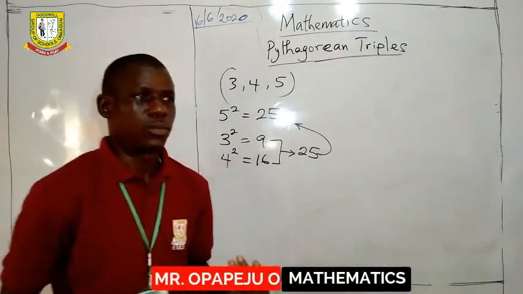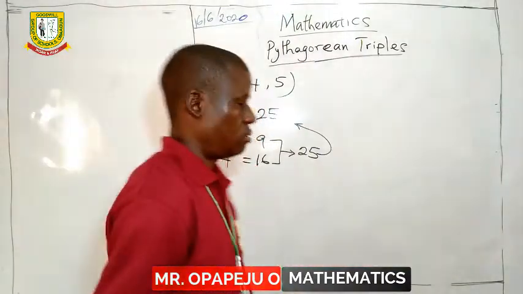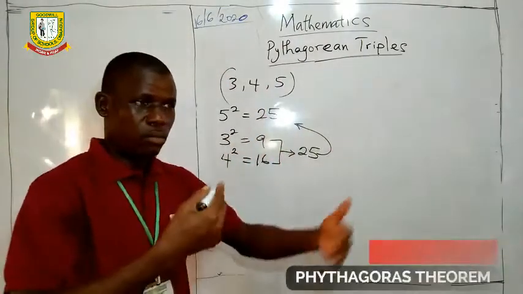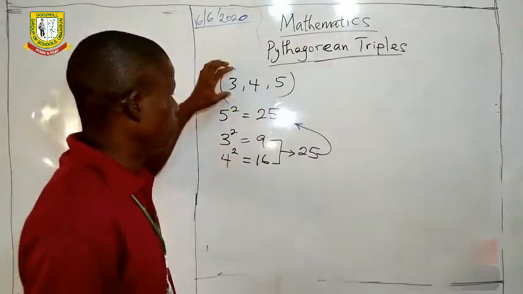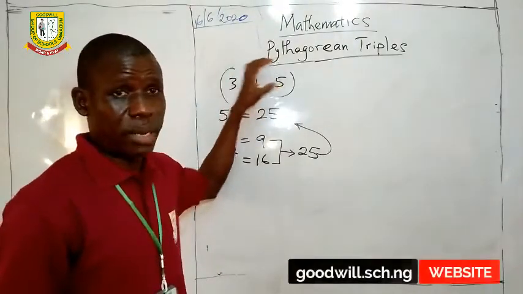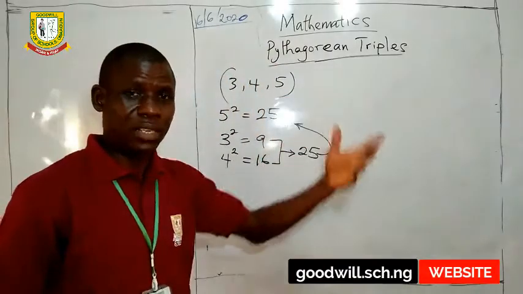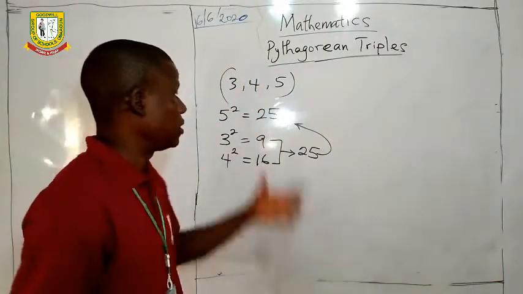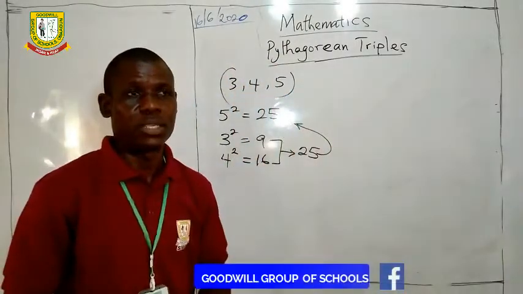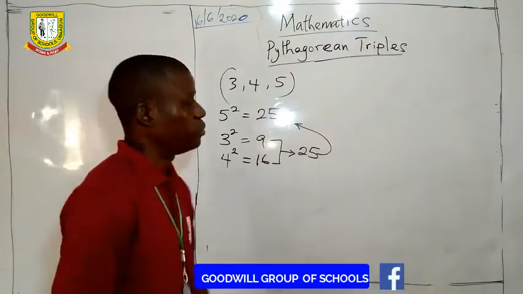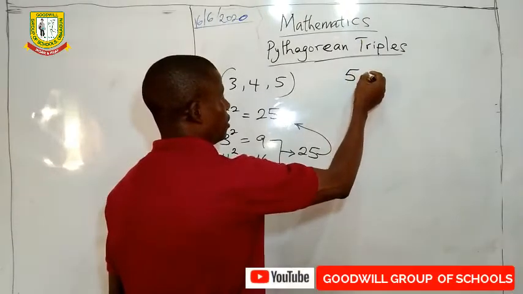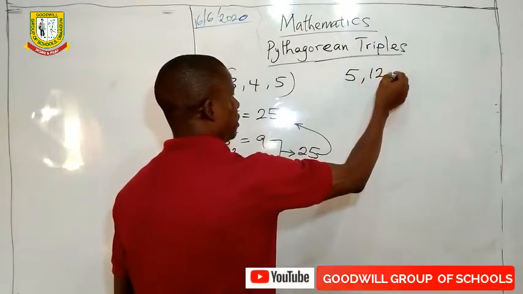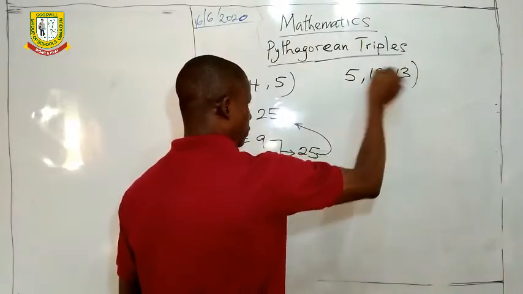By working more and more with time, we'll be able to remember within seconds that yes, 3, 4, 5 are Pythagorean triples. Another example of a Pythagorean triple is 5, 12 and 13.